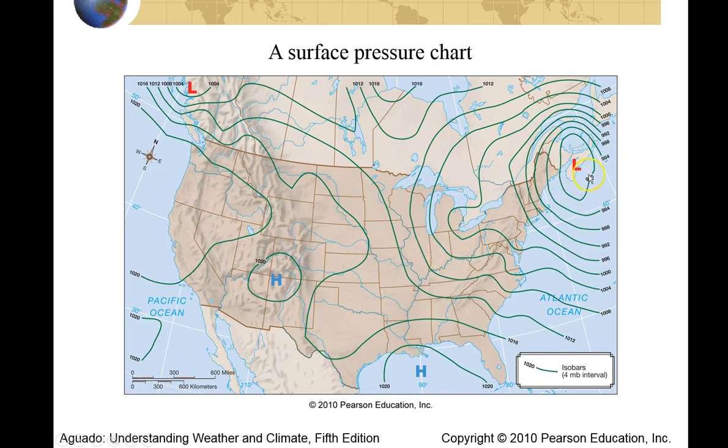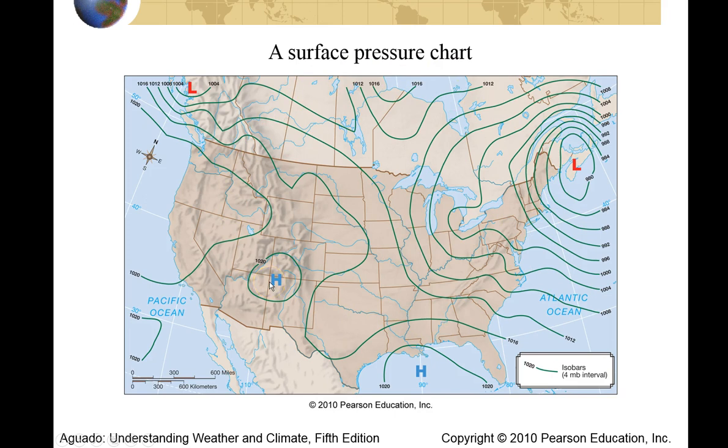Air pressure on this map changes from a maximum of 1020 over the southwest to a minimum of around 980. That means the highest and lowest air pressure differ by about 30 millibars over the entire United States. That's actually quite small when you consider the millions of square miles.